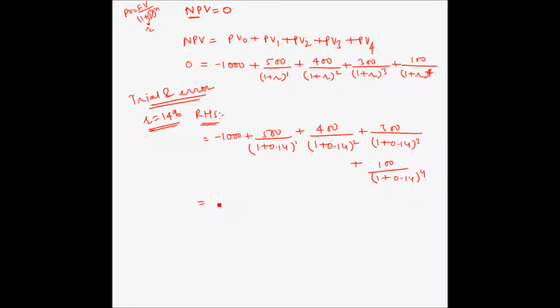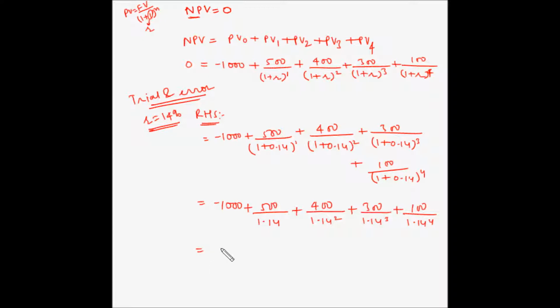So this is equal to minus 1000 plus 500 divided by 1.14 plus 400 divided by 1.14 square plus 300 divided by 1.14 cube plus 100 divided by 1.14 to the power 4.